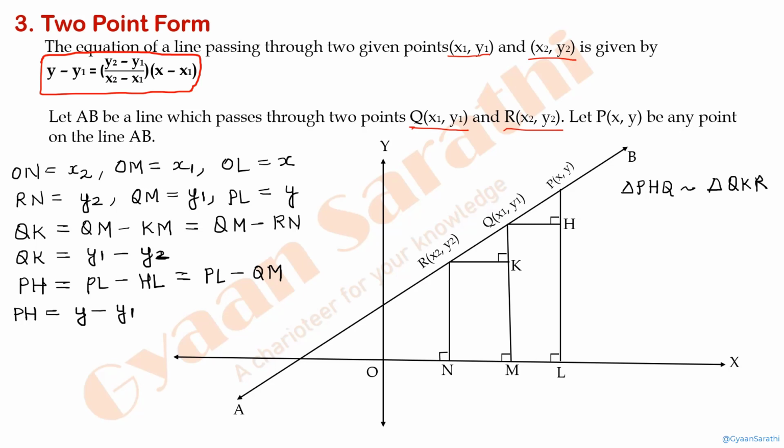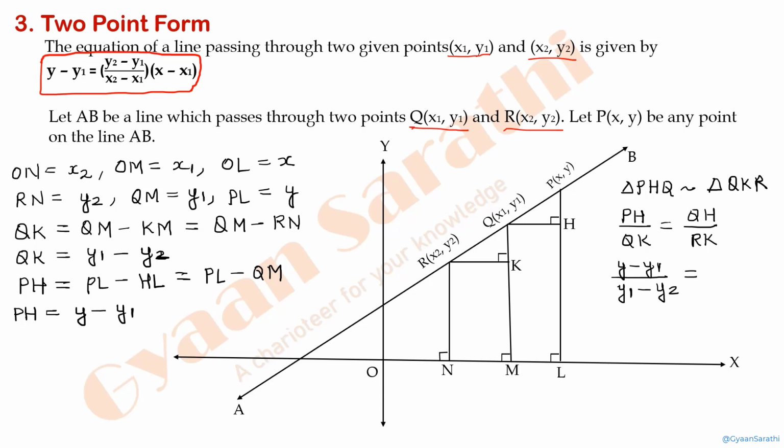So I can say that PH by QK is equal to QH by RK. So what is PH? PH is y minus y1, and QK is y1 minus y2.